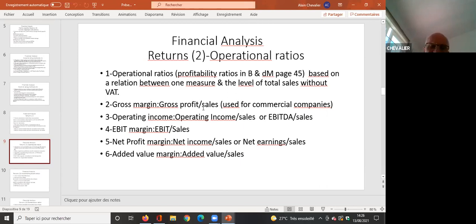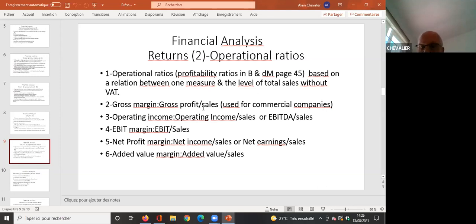And it is understandable because net earnings to sales is clearly a relation between what is left at the end of the analysis, what is on the bottom line, and the level of sales.